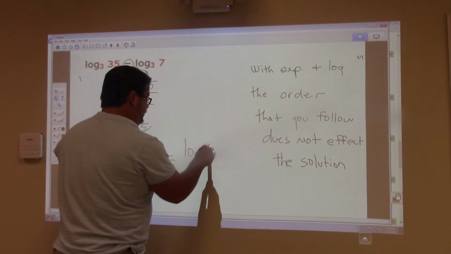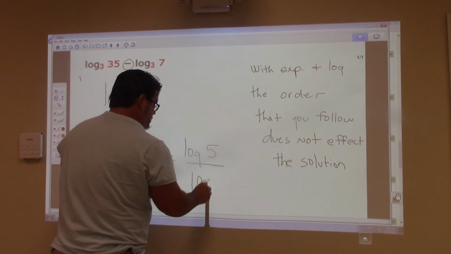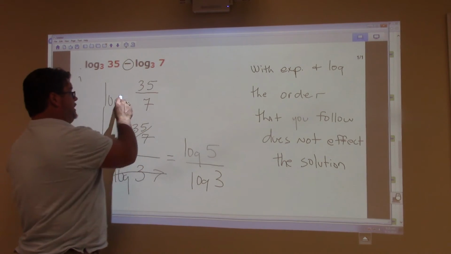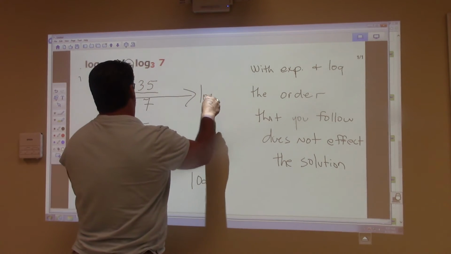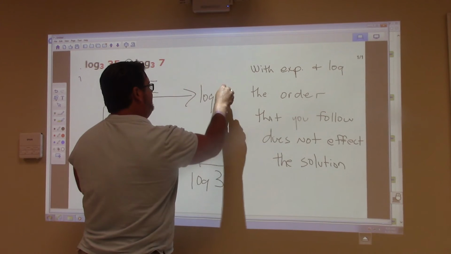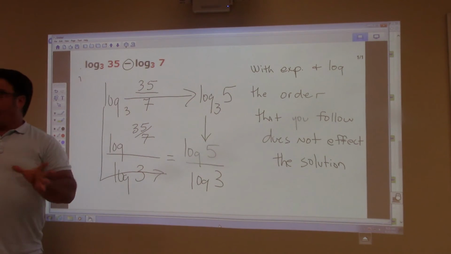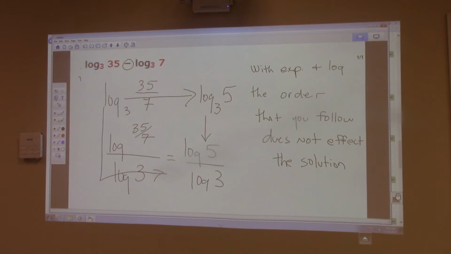Log of 5 over log of 3. See, I went this way, which I could have gone log base 3 of 5, and then what? It doesn't matter which order you do your expansion or condensing. It doesn't matter.